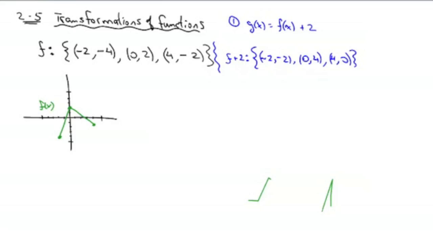So when I graph it, I'll do it in blue over here, you get -2, -2, which is here. You get 0, 4, which is here. And you get 4, 0, which is here. So the entire graph is supposed to look like it just got shifted up 2 units. The whole thing was just picked up. The shape didn't change. Distances didn't change. It just got literally moved up 2 units.